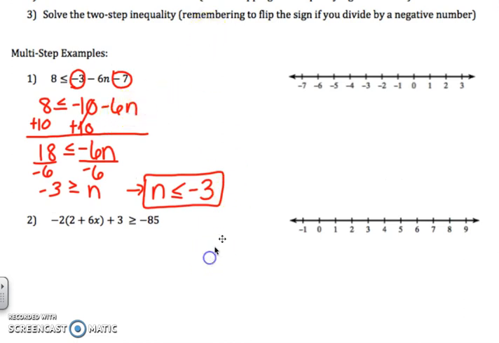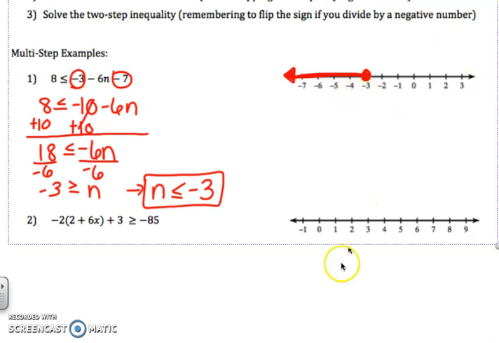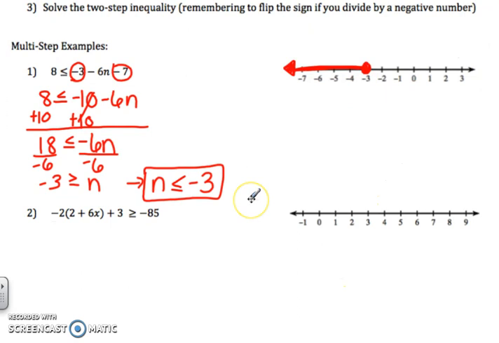So I'm going to graph that. Close circle on -3, and then shade to the left. Okay? So everything to the left of a -3 would work for that inequality.